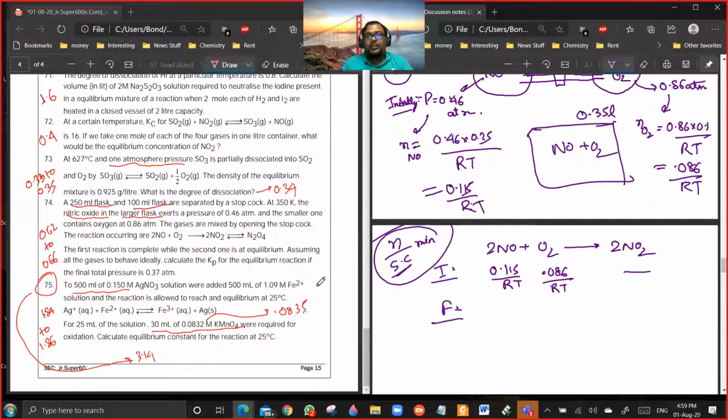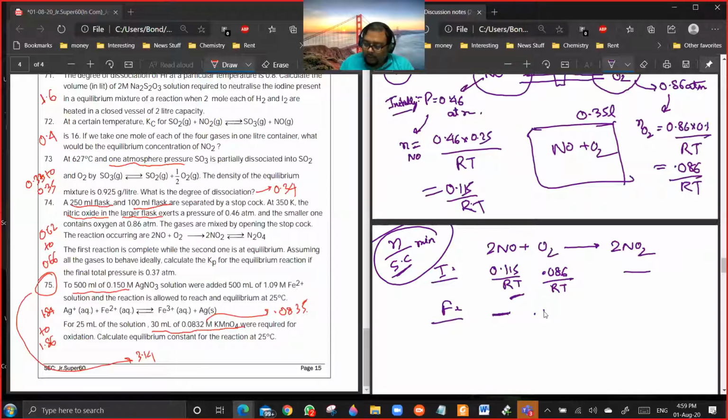Moles by stoichiometric coefficient should be minimum. In which case is it minimum? For NO, it is 0.115 by 2, which is 0.057, and for O2 it is 0.086. So NO is the limiting reagent. So this will become 0 at the end of the reaction.